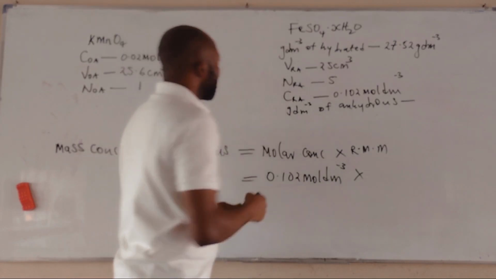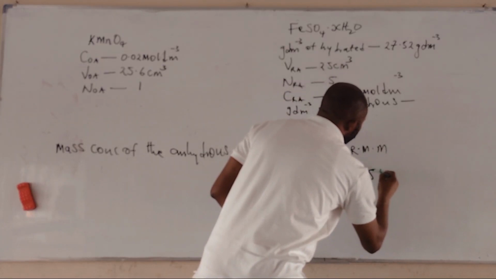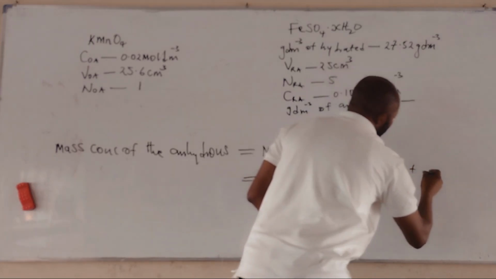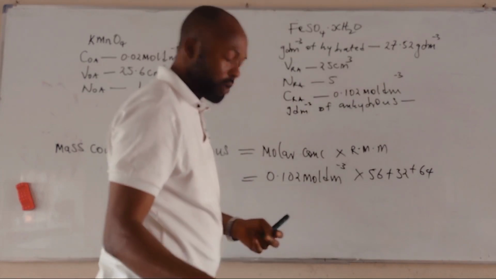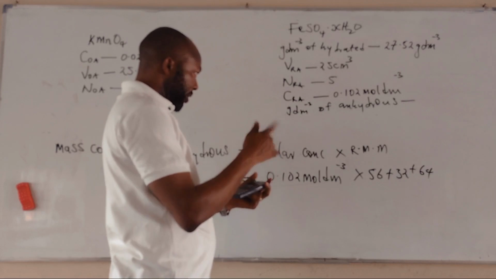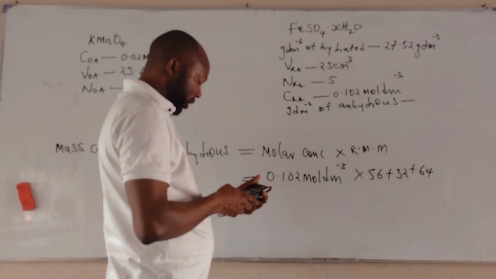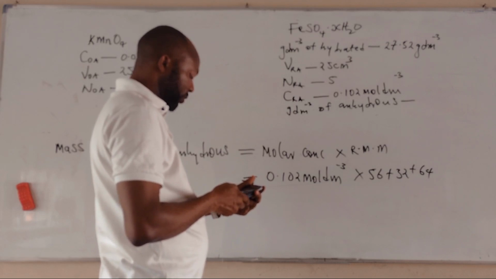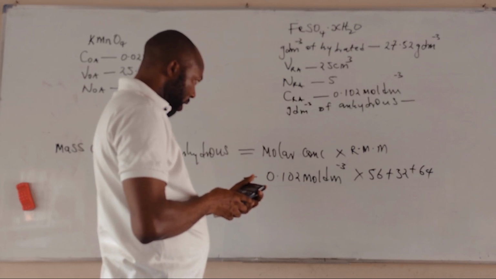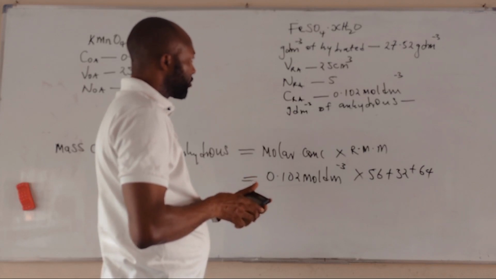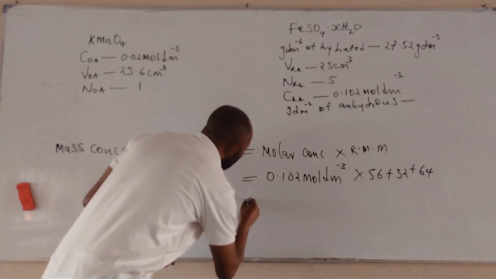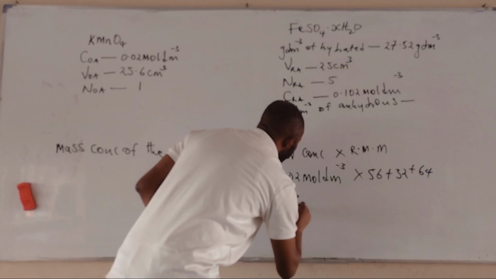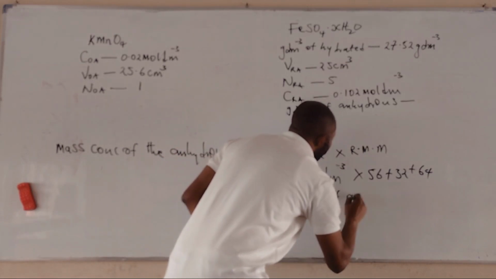So we have 56 plus sulfur is 32 plus oxygen is 16 times 4, which is 64. Let me add that: 56 plus 32 plus 64 is equal to 152, times 0.102, which is 15.5 gdm cube of anhydrous.